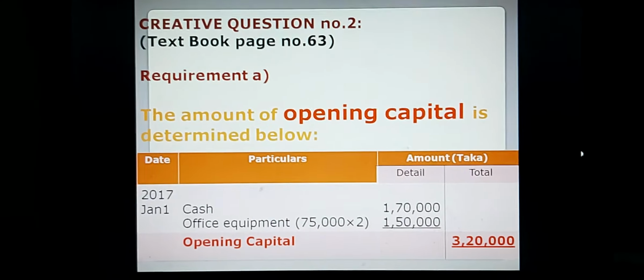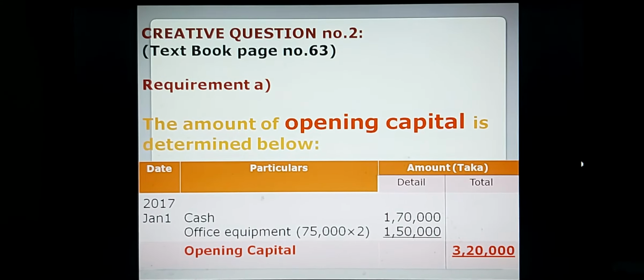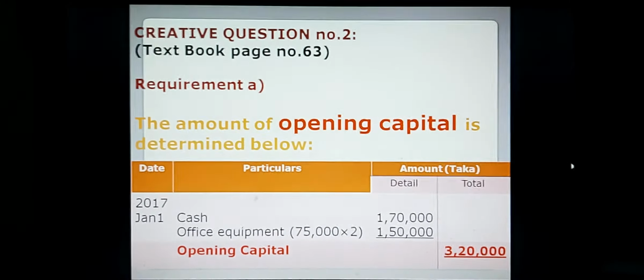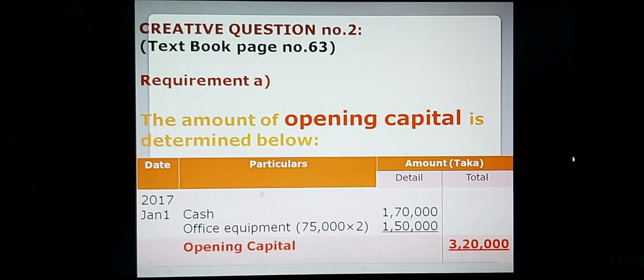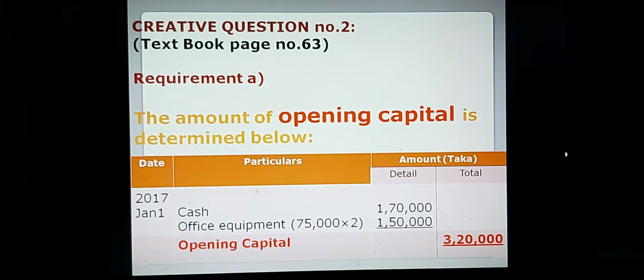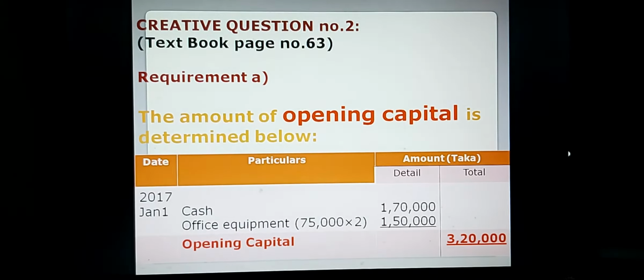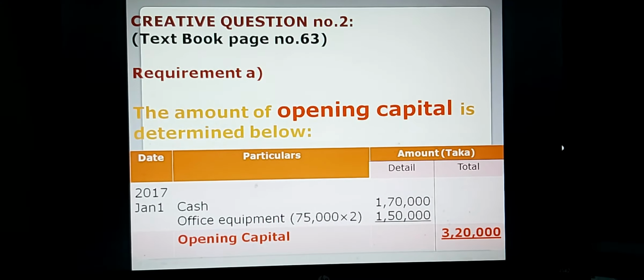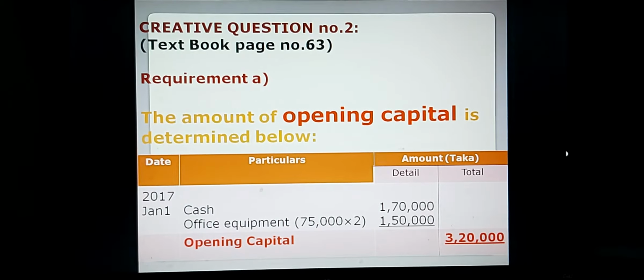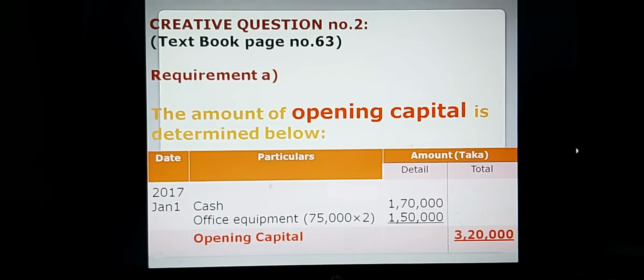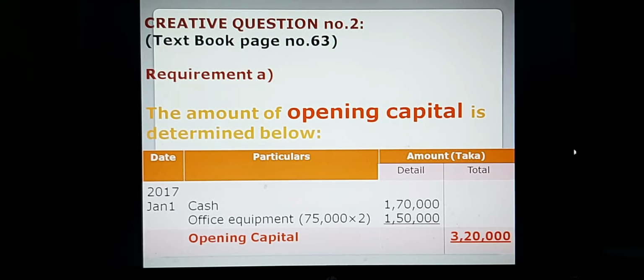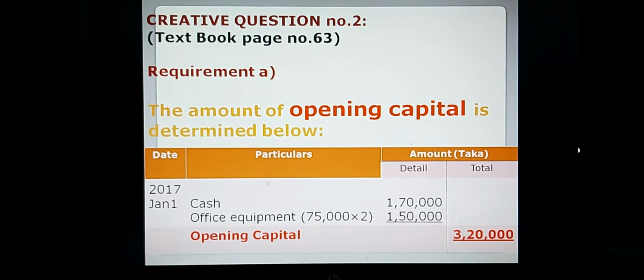Date, particulars, amount taka detail and amount taka total. Okay, dear learners, I think you have written in your copy the amount of opening capital with the requirement A. Okay, now I can go to the requirement B.